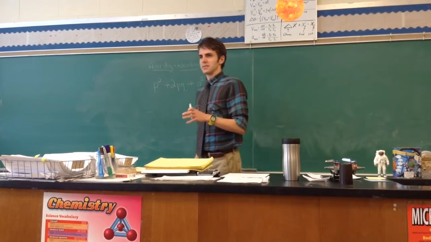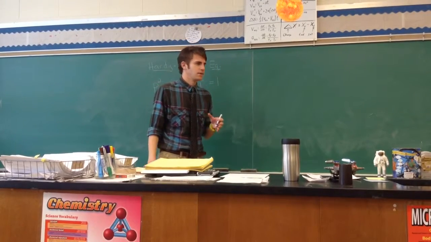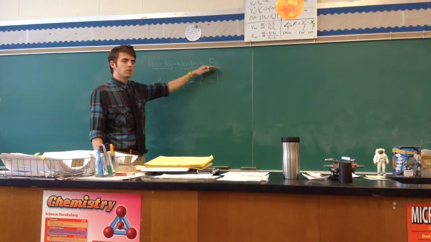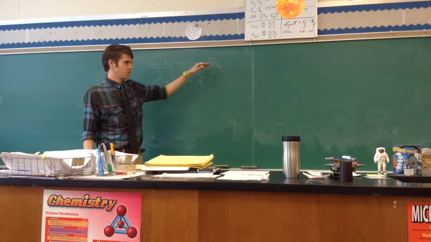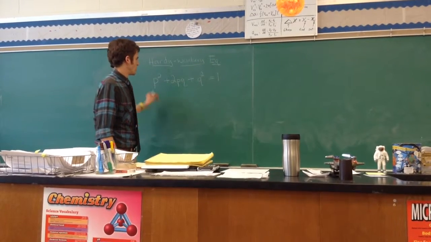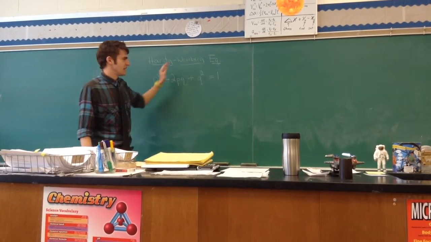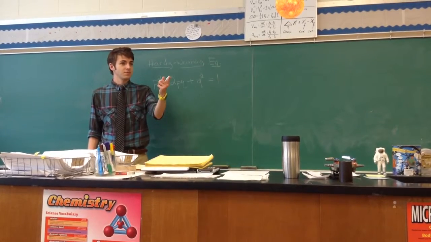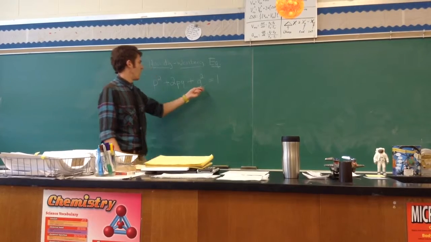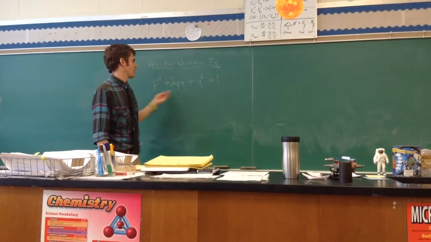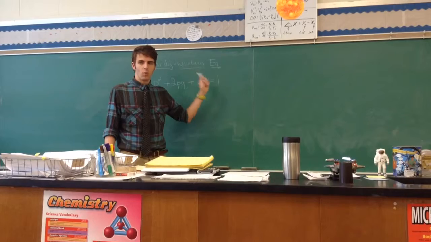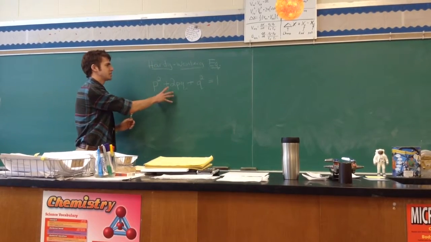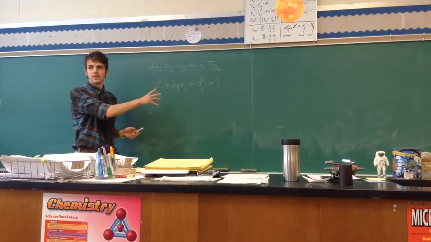Now I want to point out something that I don't think I stressed well enough in the last class. And that's the equilibrium aspect of this equation. What part of this never changes? The 1, right. Okay, so all of this added together always has to equal 1. So let's say I increase my p-value.